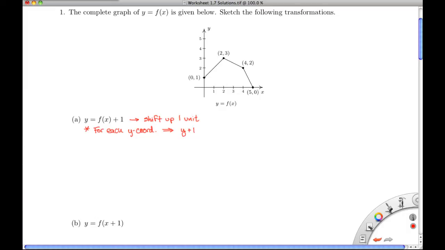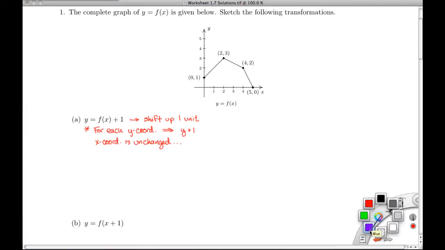And by the way, the x's remain unchanged in this case because this is the only transformation occurring. So we might as well put that the x-coordinate is unchanged. So let's go see how this transformation affects each of the points, and then we'll put a graph together.